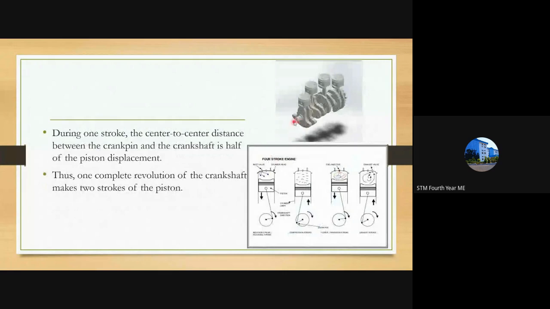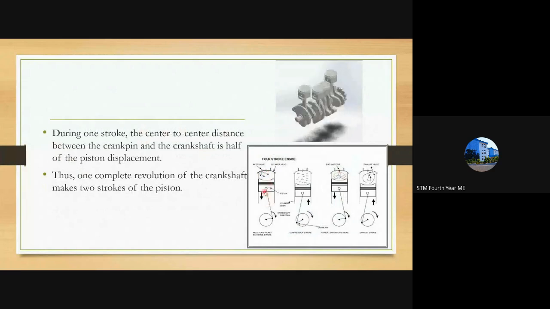Okay. Then during one stroke, the center to center distance between the crank pin and the crankshaft is half of the piston displacement. What it means is the piston moves during the first stroke, that is the suction stroke, from top to bottom, from the TDC to BDC.